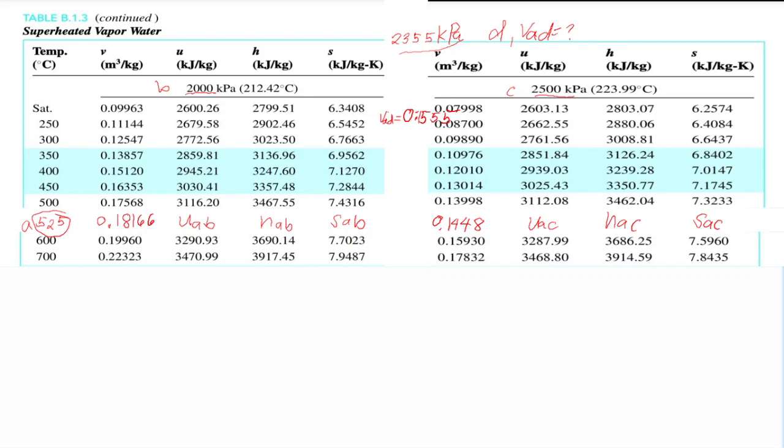So UAB, internal energy at 525 degrees Celsius and 2000 kilopascal.